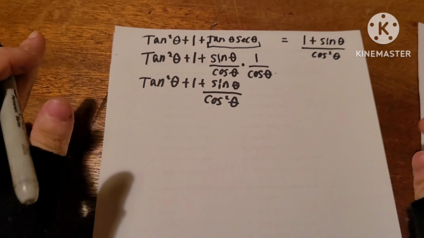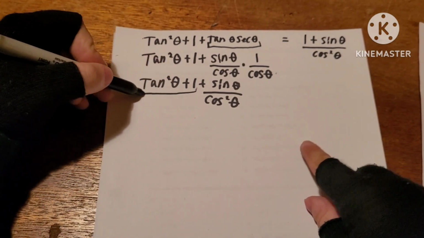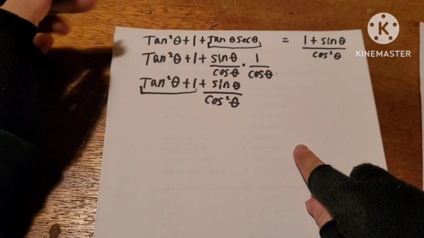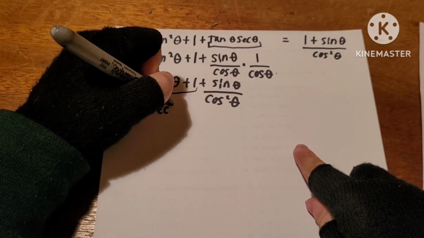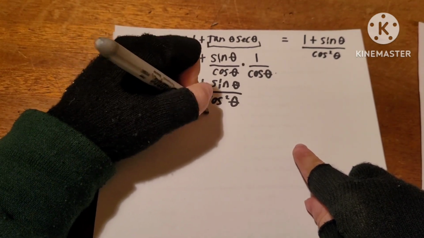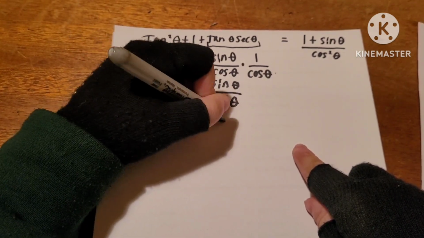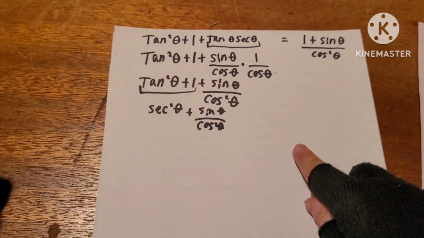So, for this particular equation, it is definitely easier to just get all your terms together. So now we turn this into secant squared theta plus sine theta over cos theta.